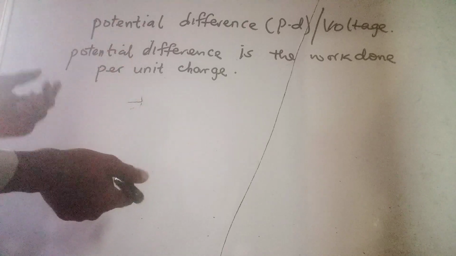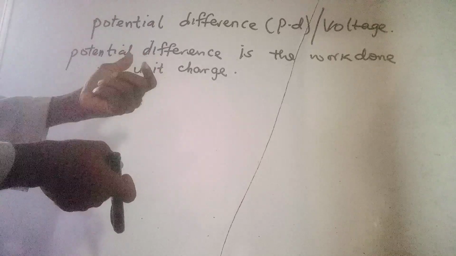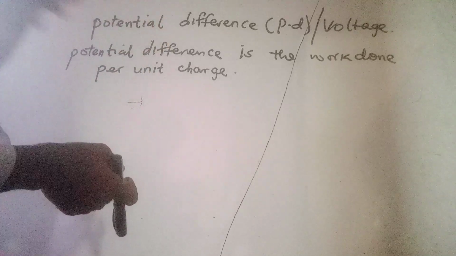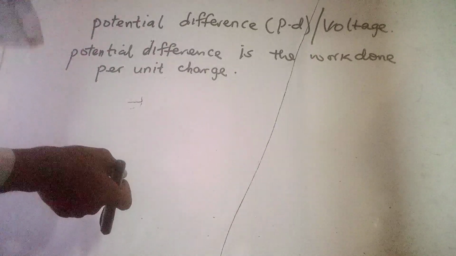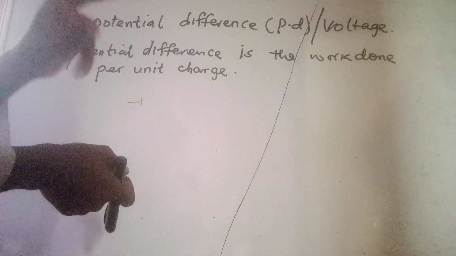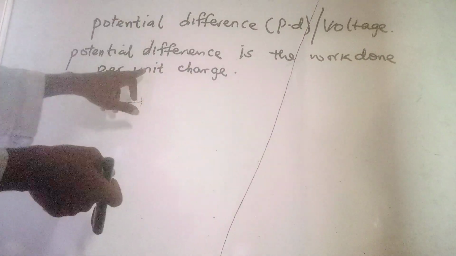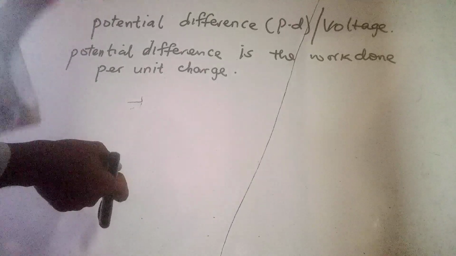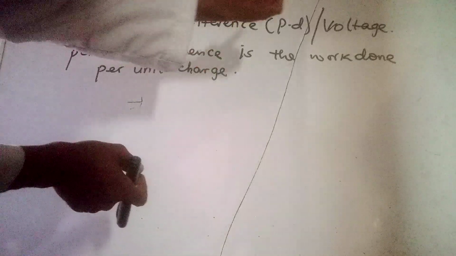What this means is that a work has to be done on the charge before it can flow from one point to another. So the amount of work done on a charge, that is on one charge, unit means one, is the potential difference or voltage.